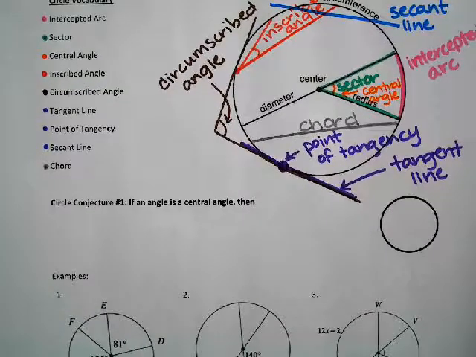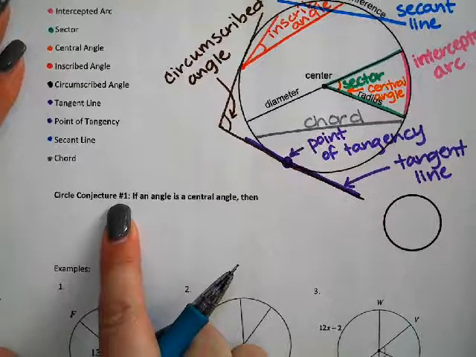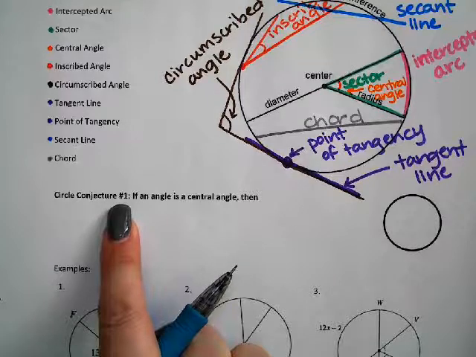All right, circle conjecture number 1. Today we're going to do 1 through 5, not necessarily all in this video, but that's what our first lesson is going to be focused on.